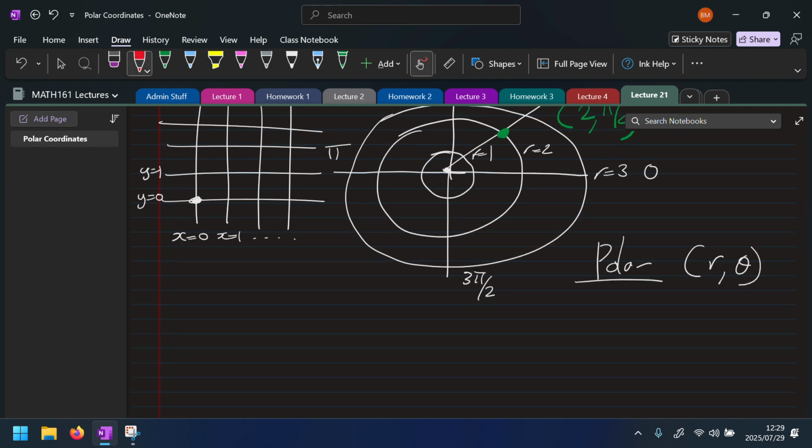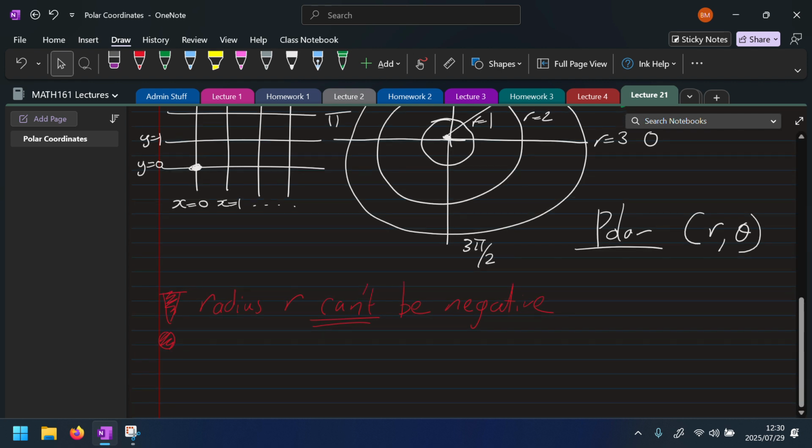And then just an important note. The radius r can't be negative. Very, very important. This radius r is a distance. Yes? You can't see the red. Okay, let's put in a different color.